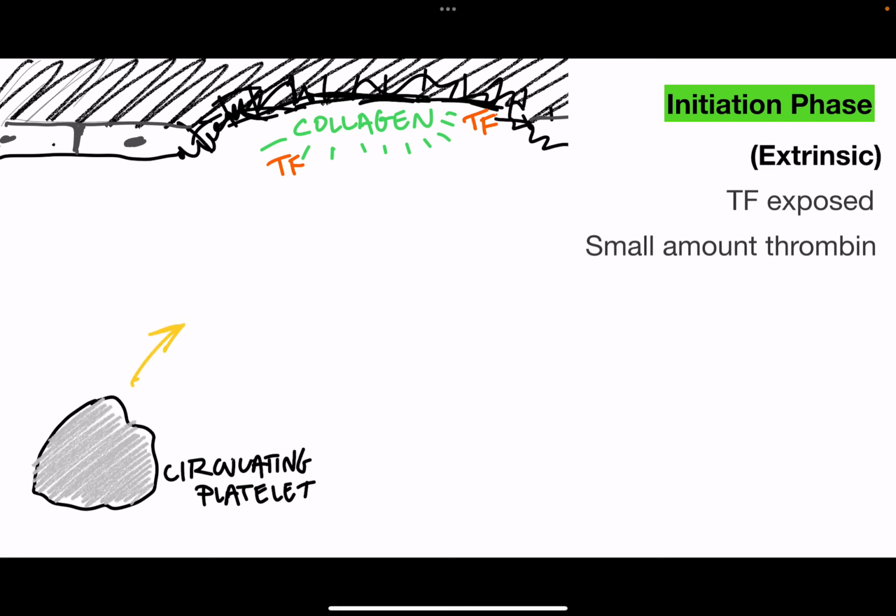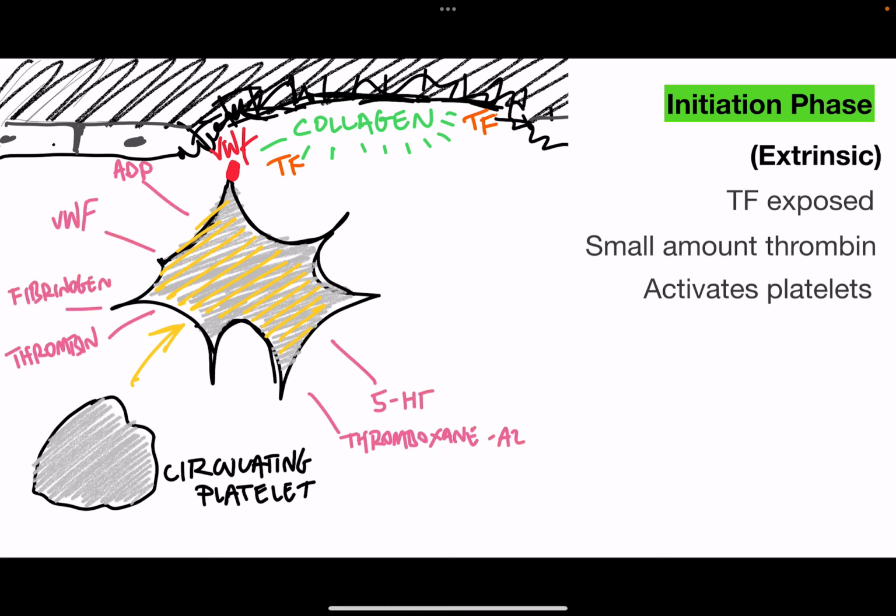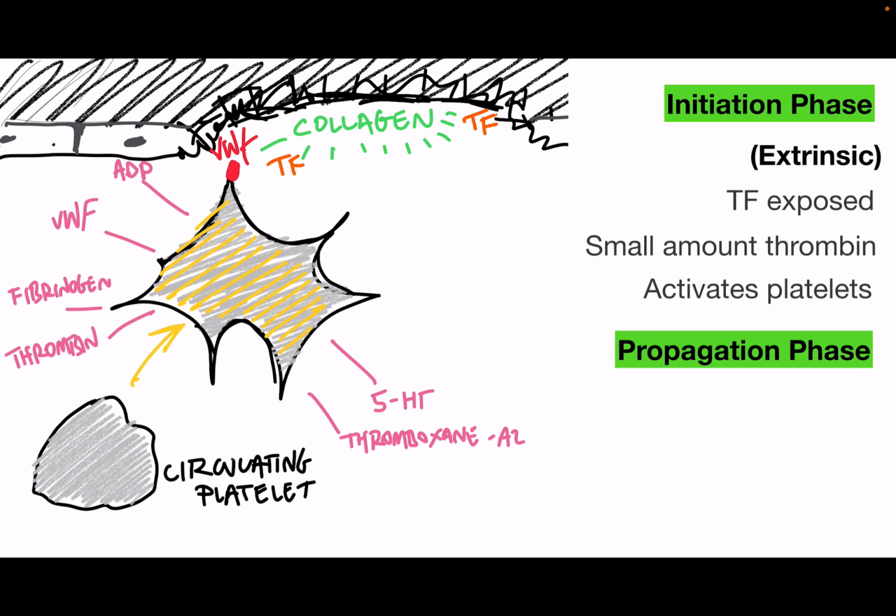And so our circulating platelets, when they come into contact with the thrombin and the tissue factor, they're activated. And they create their own thrombin, their own other modulators. And then there's, at this stage, a propagation or an amplification of the cascade. And this is more analogous to the intrinsic pathway because we now have factors such as factors 5, 8, 9 and 11 involved.